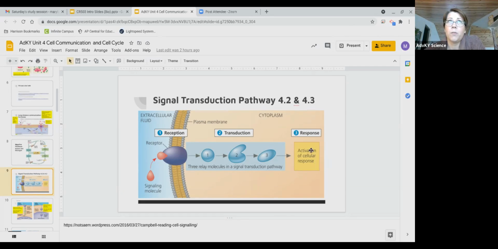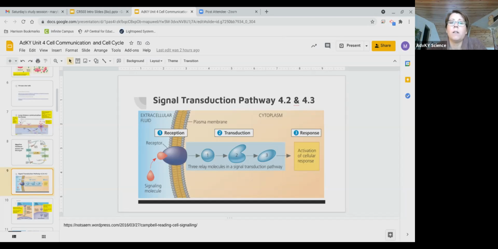And that's going to help you make a prediction of what a possible response could be in this cell. You could determine that by looking at its location. So if the response is happening in the cytoplasm, then we are either going to activate or inactivate a protein that already exists in the cytoplasm.